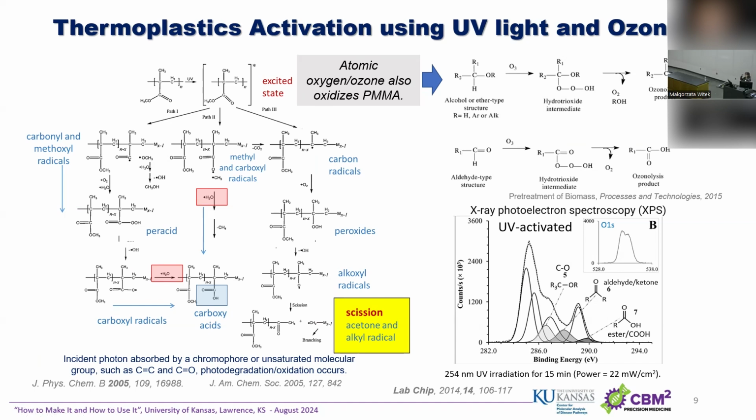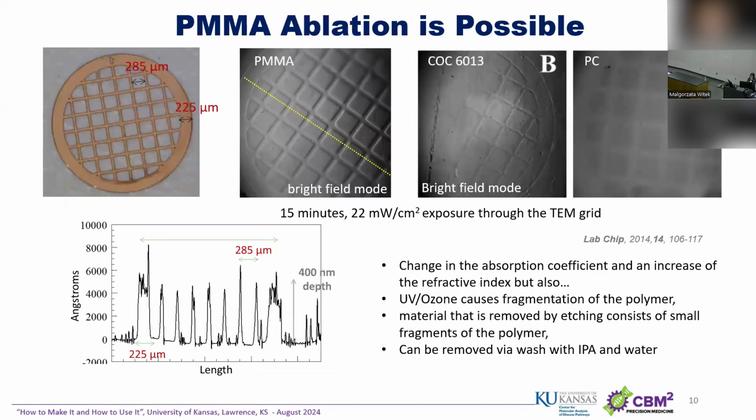XPS only penetrates about 2 nanometers. So when you activate a surface, when you perform photooxidation, you're really working with that top monolayer. So you need an analytical tool that will predominantly test that top monolayer, not the bulk material. So this is extremely important. If you want reliable data, XPS is your method of choice.